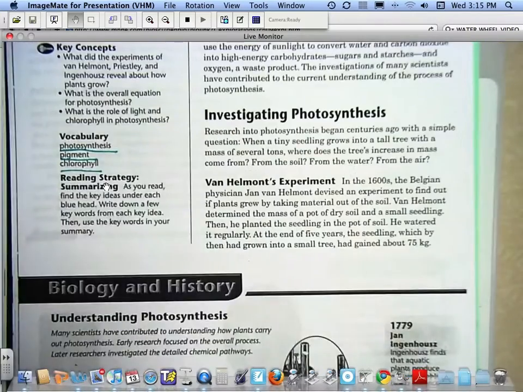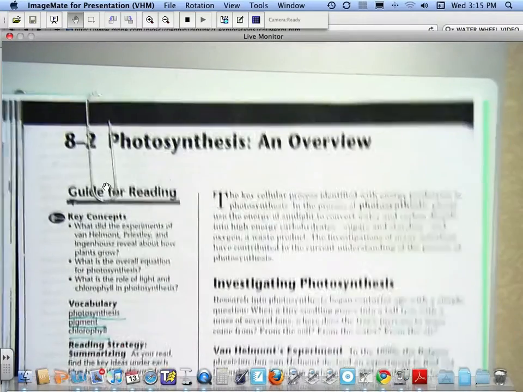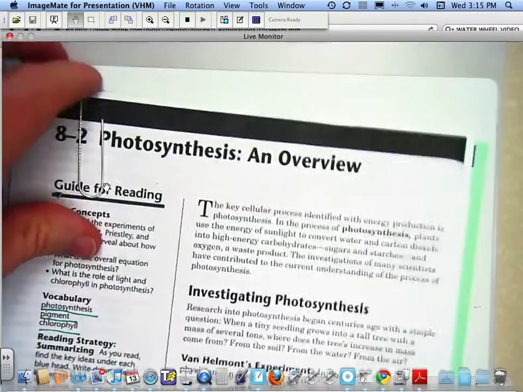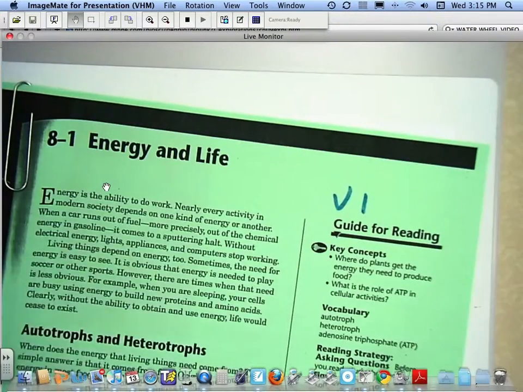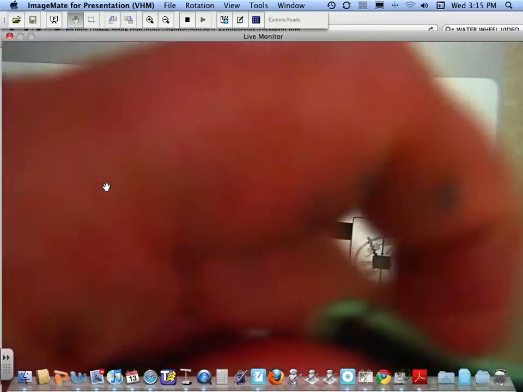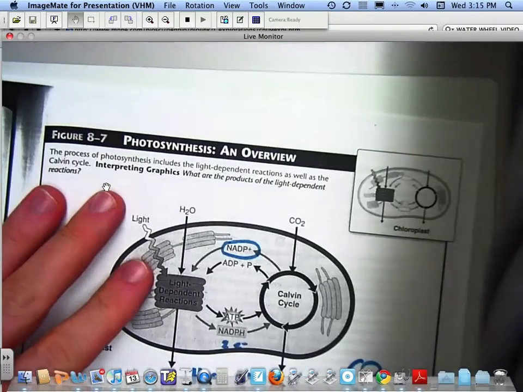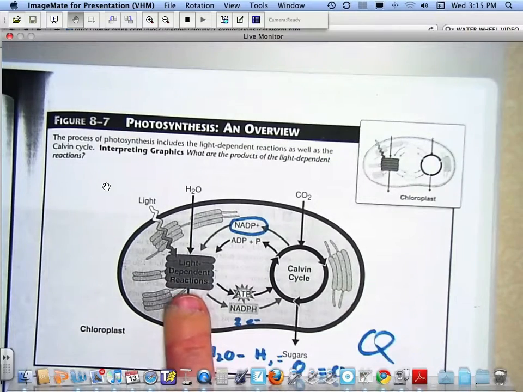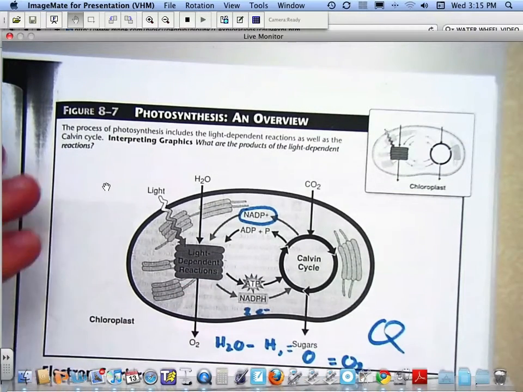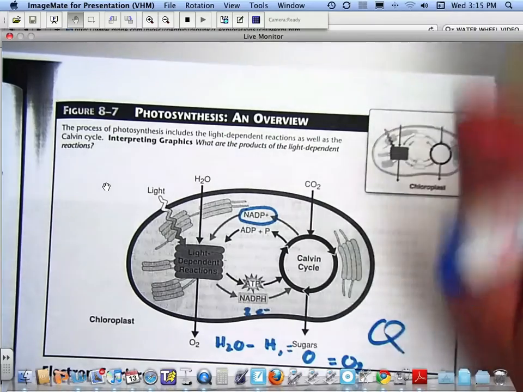In the light-dependent reactions, it's using light instead of water to move the wheel round and round. And let's look at it.